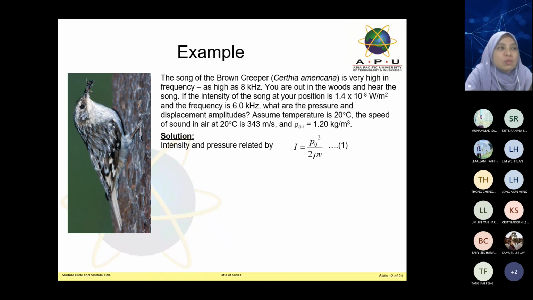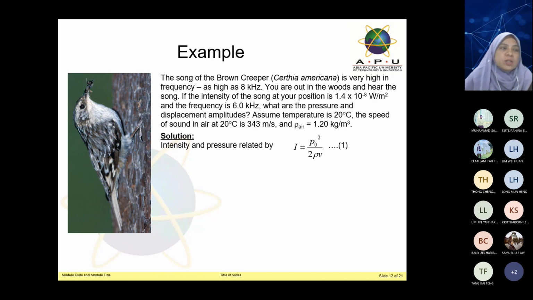You are out in the woods and hear the song. If the intensity of the song at your position is 1.4 times 10 to the power of -8 and the frequency is 6 kilohertz, what are the pressure and displacement amplitude?